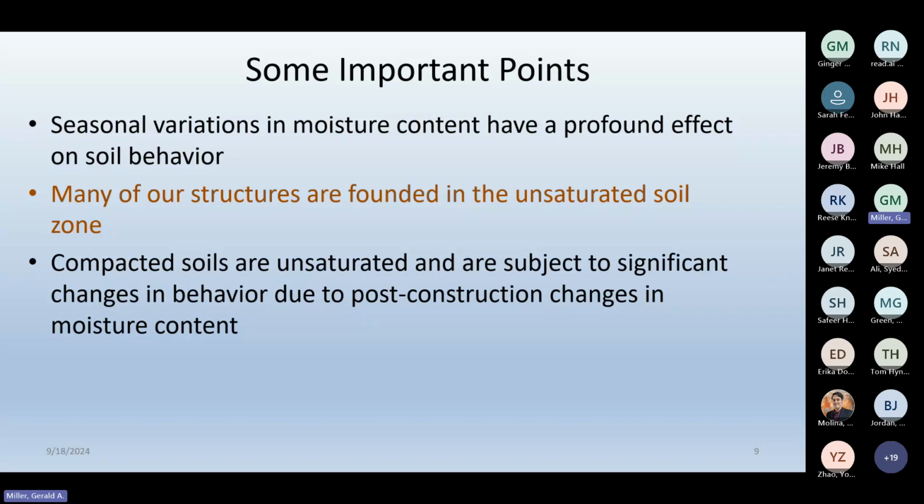We've done a ton of research on compression behavior of compacted soils, compacted to 95% of standard Proctor. And they can experience up to 7% strain due to wetting, which is a lot. If you think about an embankment that's 30 feet high or more, that's a lot of settlement. And we saw settlements on the order of a foot or more.